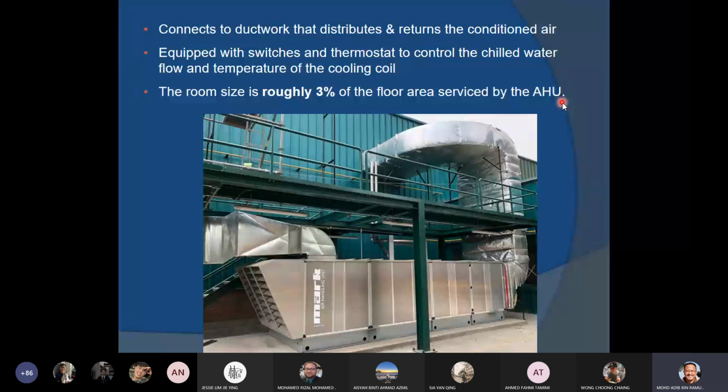But for the AHU, you just look at the zone or floor level serviced by this AHU. So it should be 3% of the floor area or zone serviced by the AHU. You don't look at the 5%. It's not 3% of that 10 levels, but just 3% of that one level.